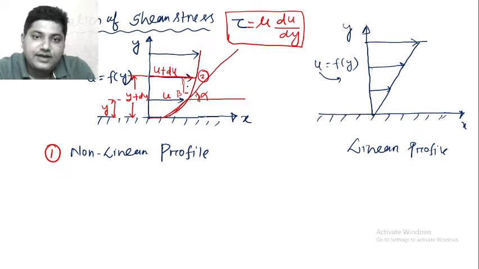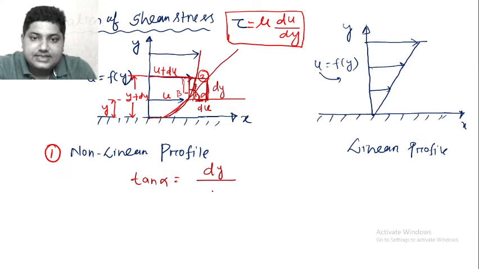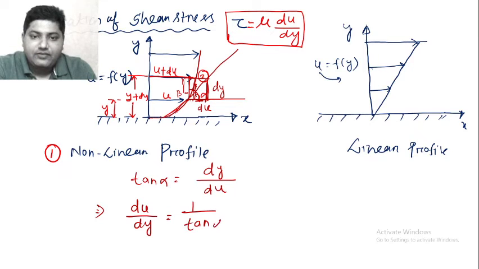This angle is called alpha, and this vertical distance is called beta. So this is dy and this distance is du. So tan alpha we can write as dy by du, but we want du by dy, so du by dy will be equal to 1 by tan alpha.